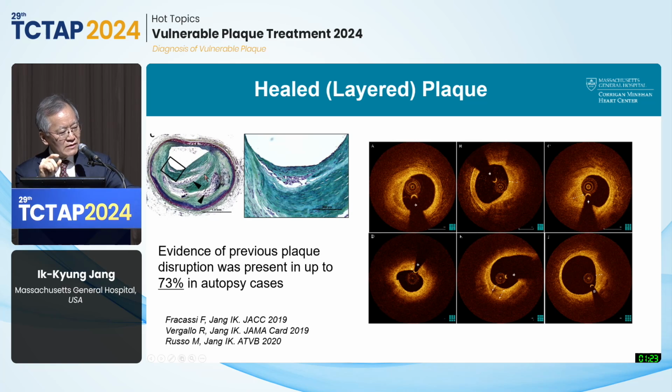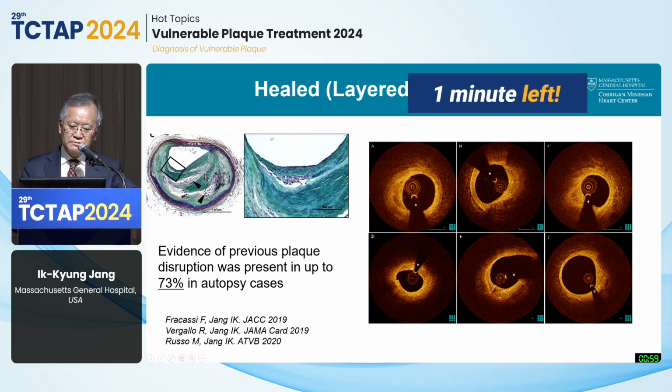In stable angina, you can see evidence of previous plaque disruption in more than 50%, in ACS more than 25%. So it's a balance between local systemic thrombogenicity and defensive antithrombotic mechanism. But regardless, there's a continuous plaque disruption and healing. That's the main mechanism of plaque progression.